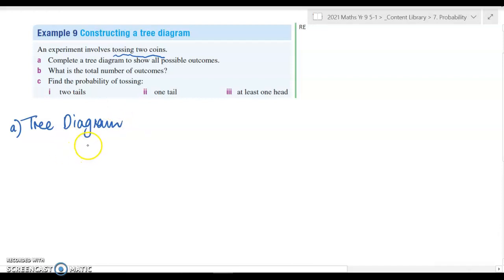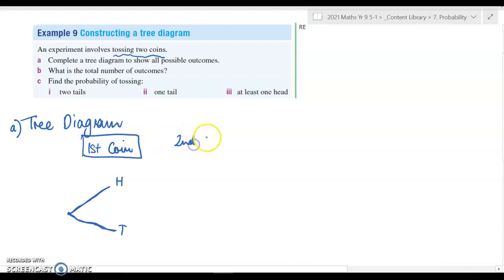So the first section of the tree diagram is going to be tossing the first coin. When we toss the first coin, we draw two branches like that, and at the end of each branch I write down the two possible options. The first possible option is a head, and the second is a tail. That's the first toss of the coin.